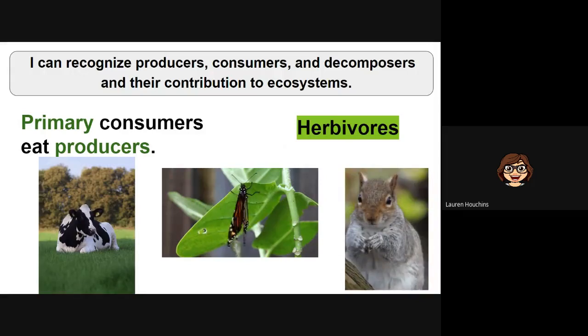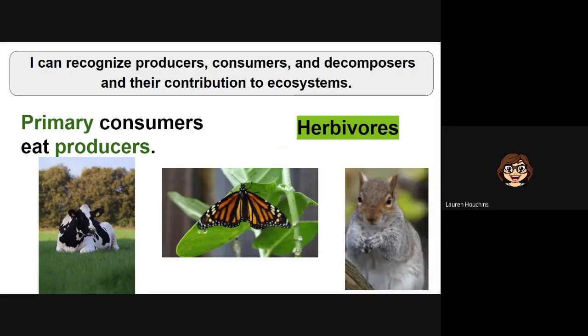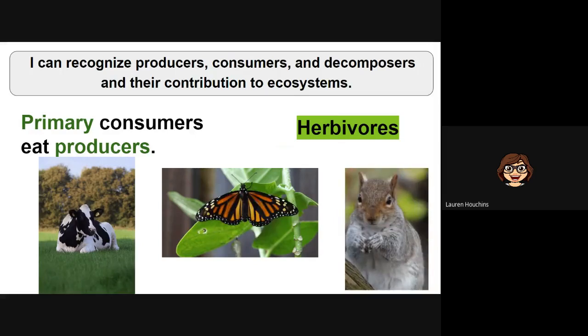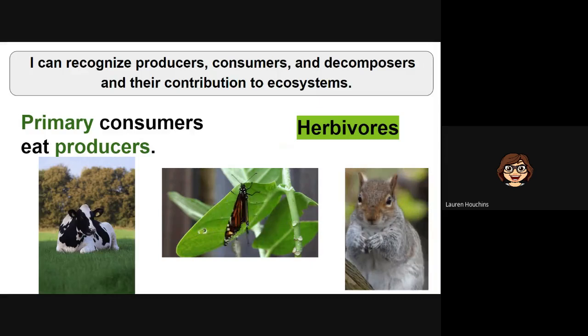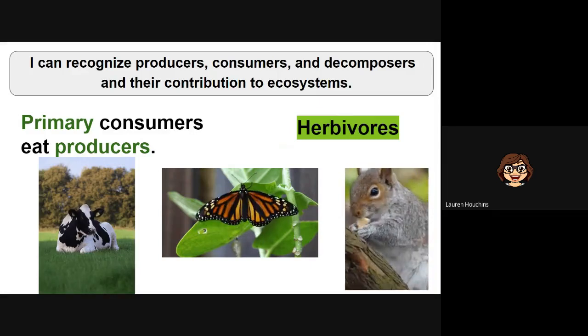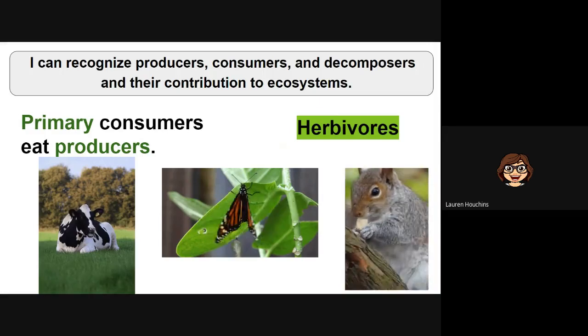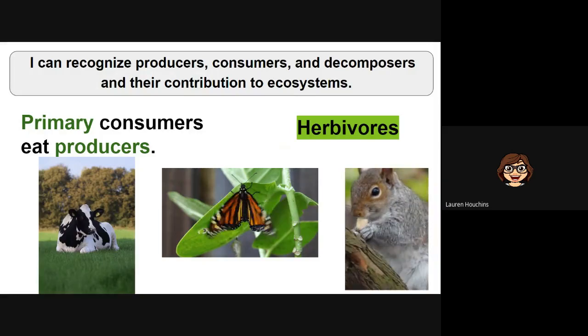Our primary consumers eat the producers, so they are herbivores. They eat the plants, they eat the leaves, the nuts, the seeds, anything that the plant produces, a primary consumer eats. So animals such as cows, insects such as butterflies, and squirrels are also considered primary consumers.